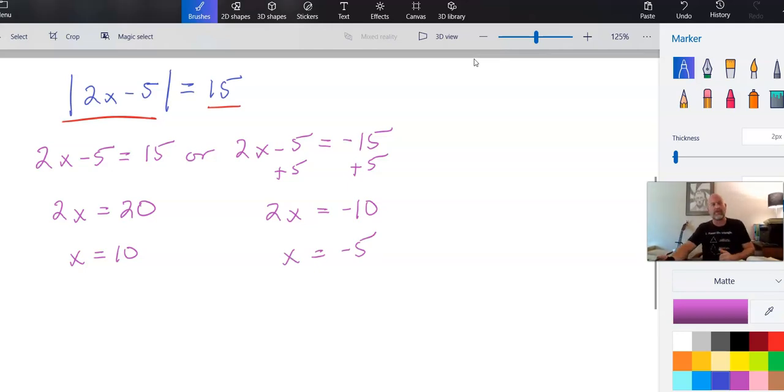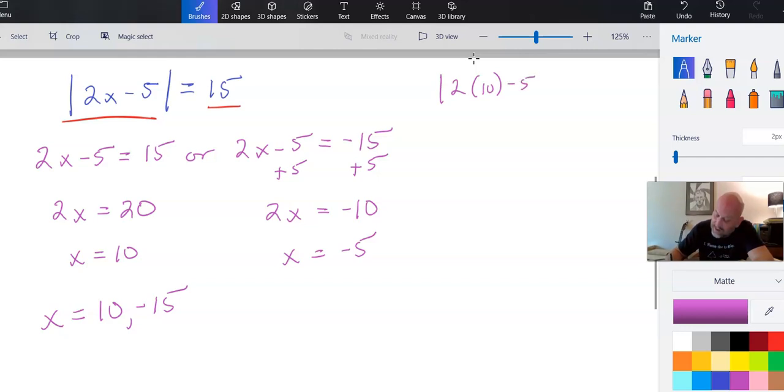And so really the question is, does this work? Right? These are our two answers. We are saying that the two answers are 10 and negative 15. So let's see if they work when we plug them in here. So I got 2 times 10 minus 5. Well, that's going to be 20 minus 5.